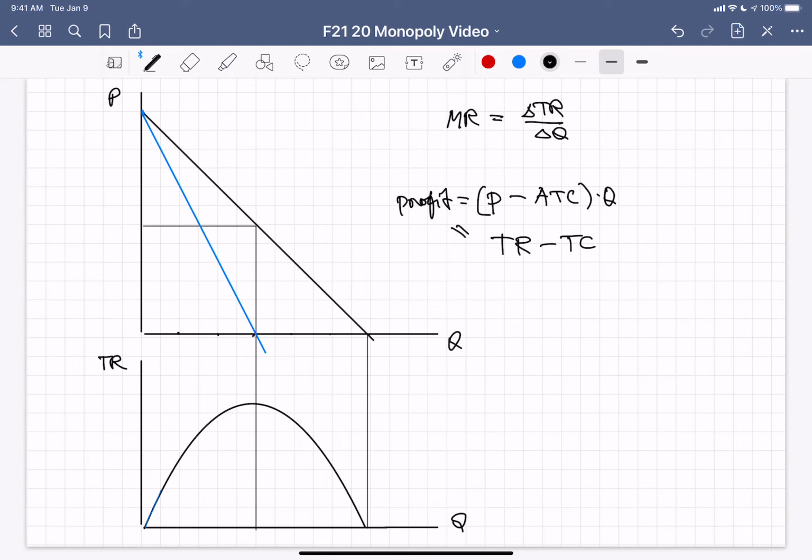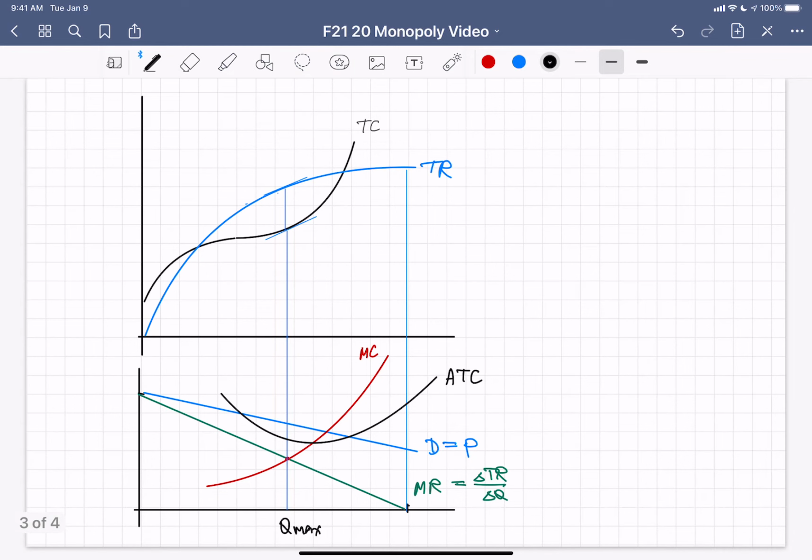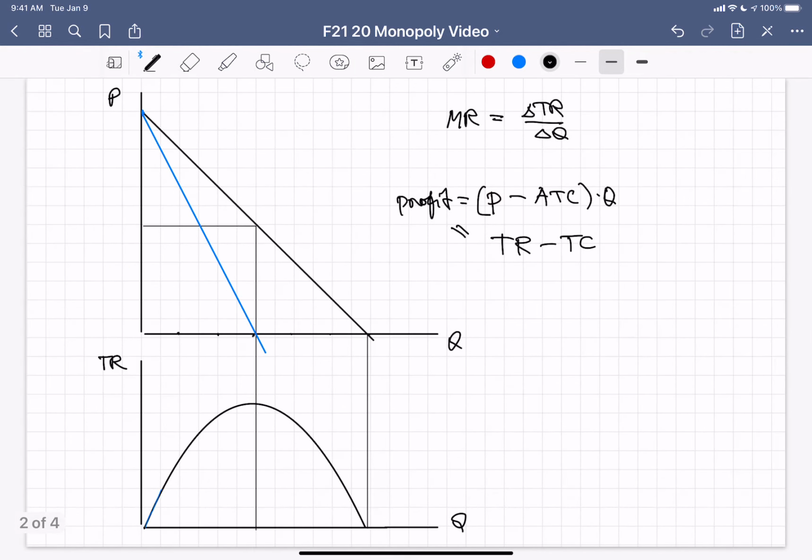All right, so next thing we're going to do is, in fact, to look at those two variables. We're going to look both at total revenue against total cost and see how we should set Q so that the profit gets as large as possible.